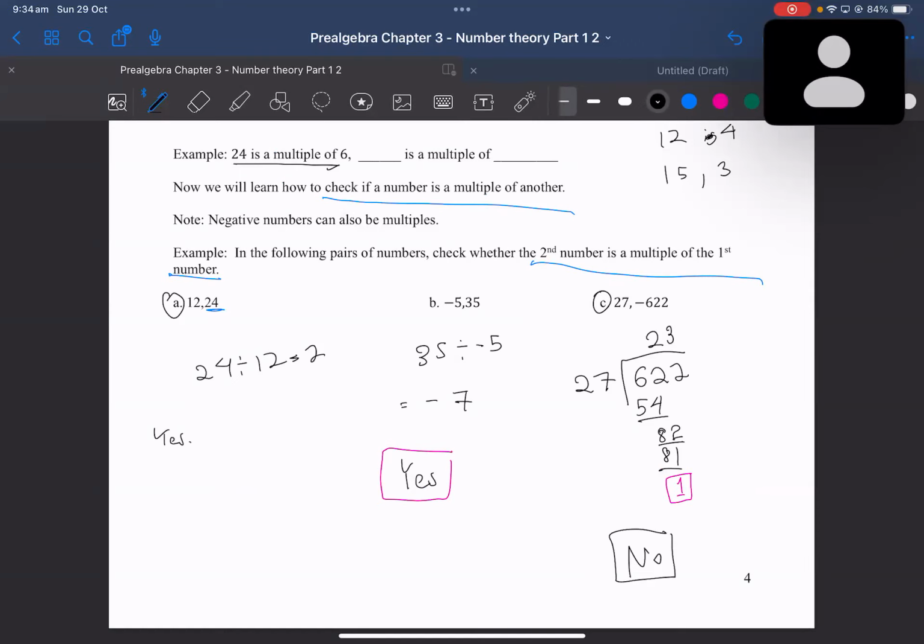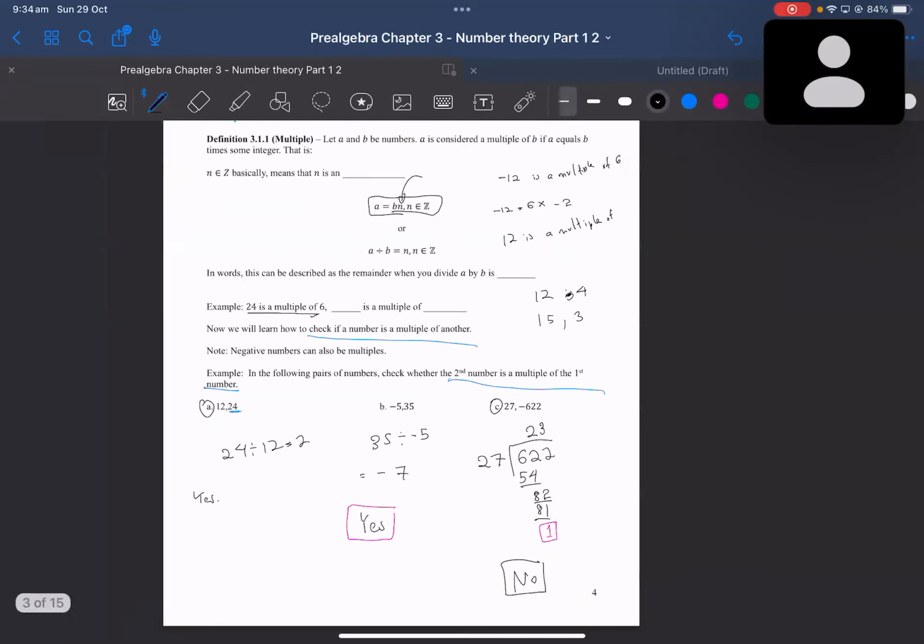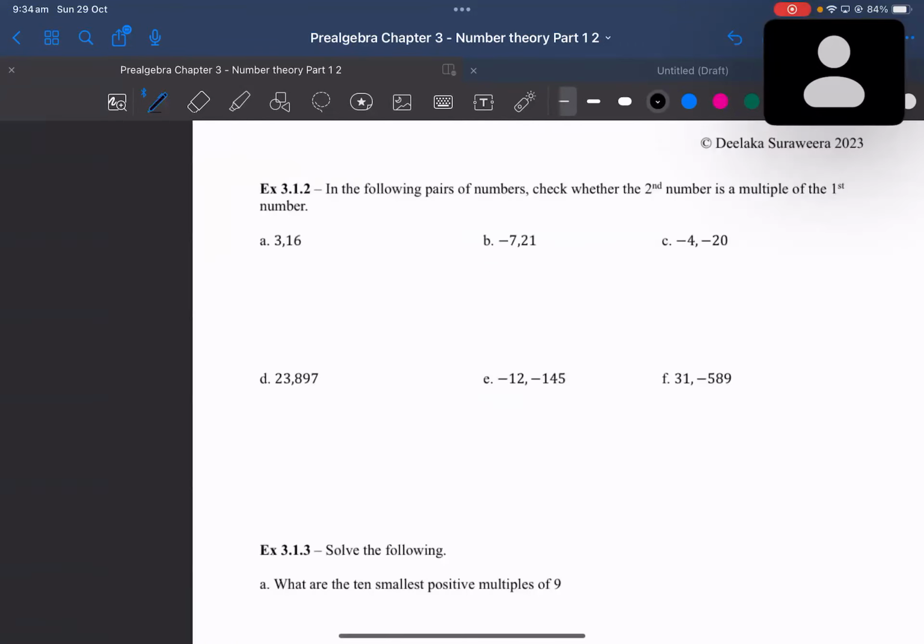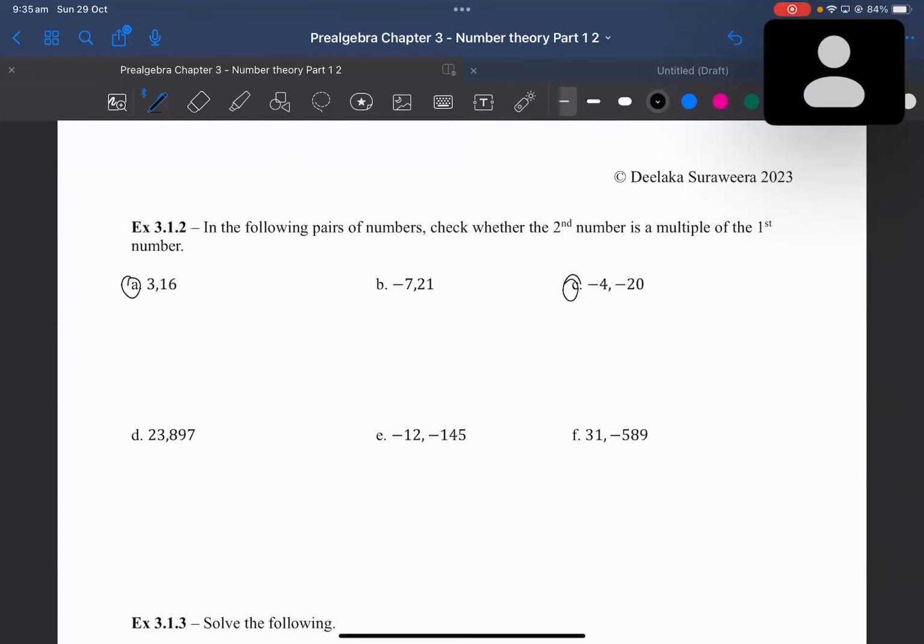So now I want you to do it alone in these examples. Do A, D, and F. You're pretty strong, so I'll give you the 2 hard ones.